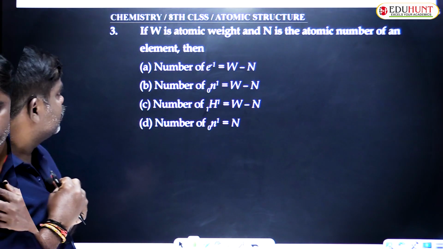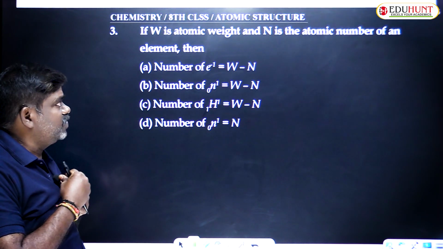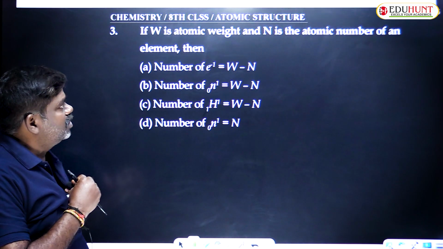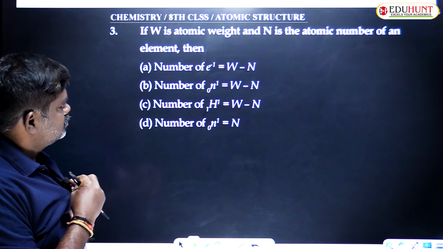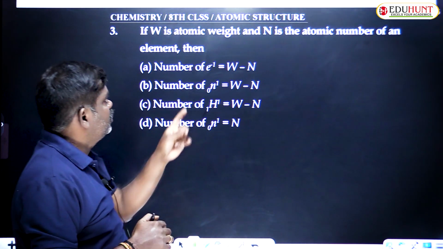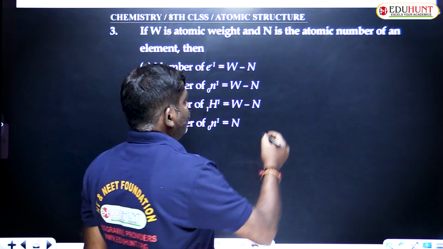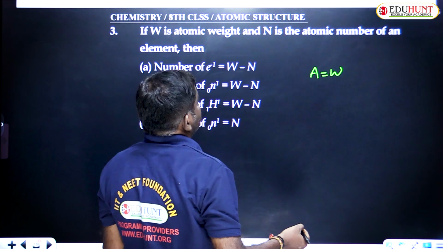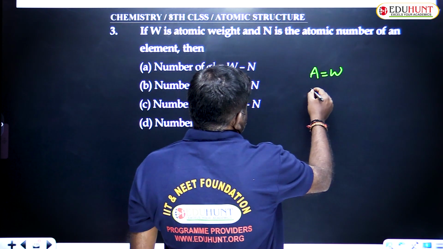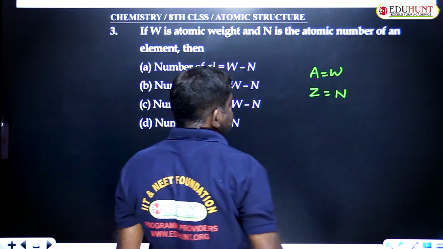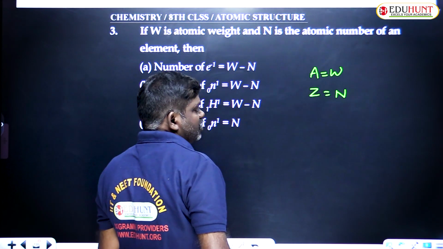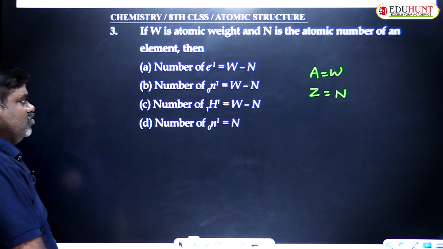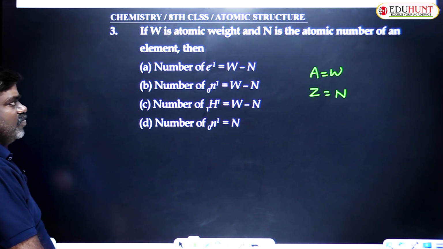And the next question. Here, if W is the atomic weight and N is the atomic number of an element, then W means mass number, and N is the atomic number, so Z is equal to N. Here Z is the number of electrons and the number of protons.